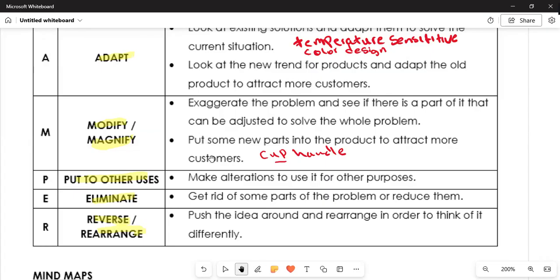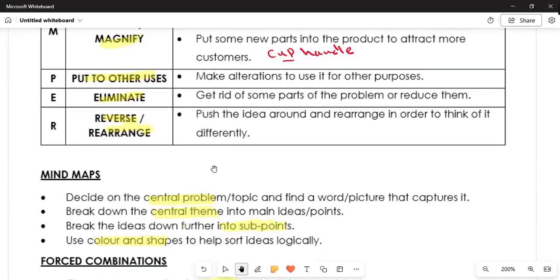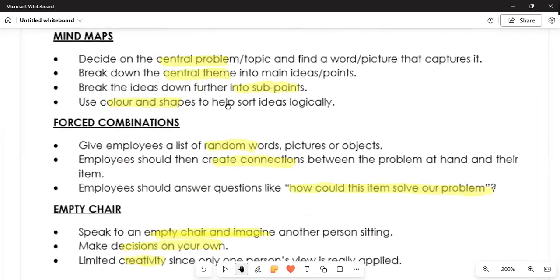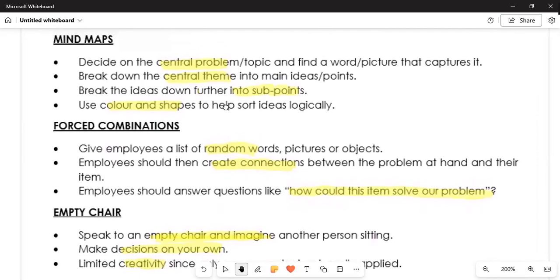Now we are moving on to another point, which is mind maps. So we want to know about the mind map now. Mind maps are visual thinking. It's all about visual thinking.